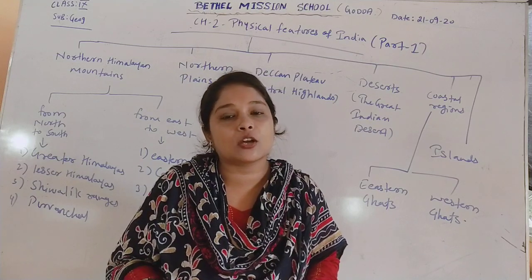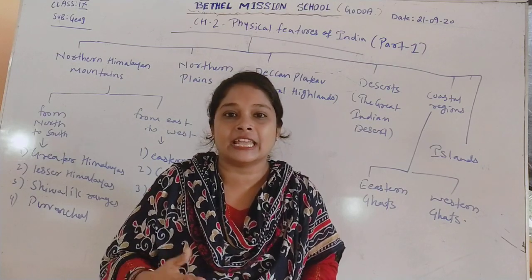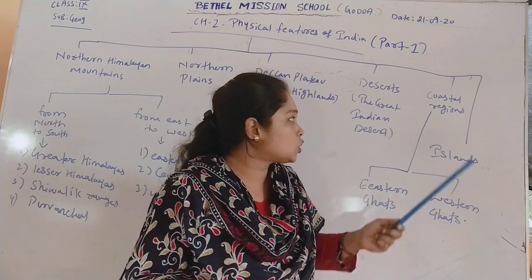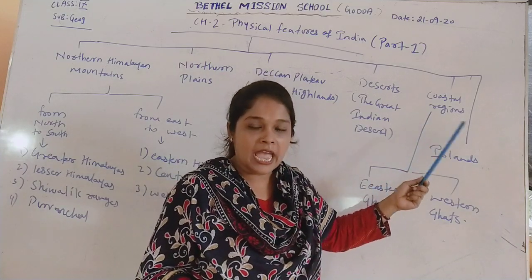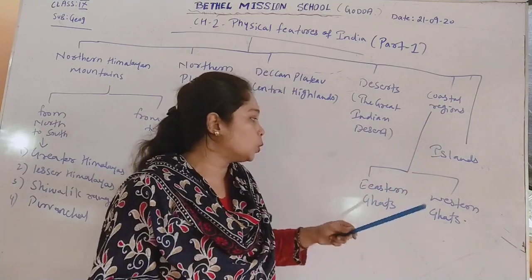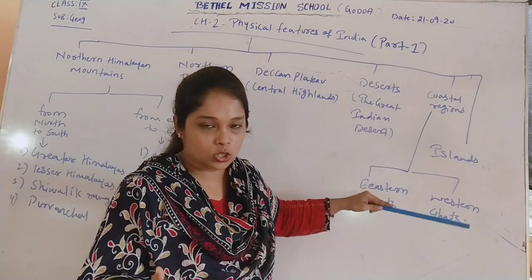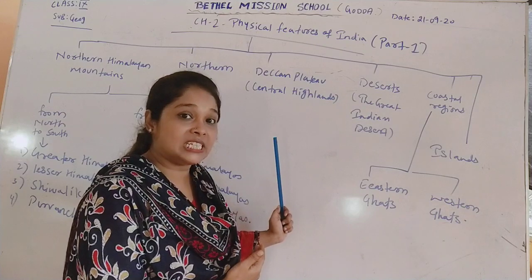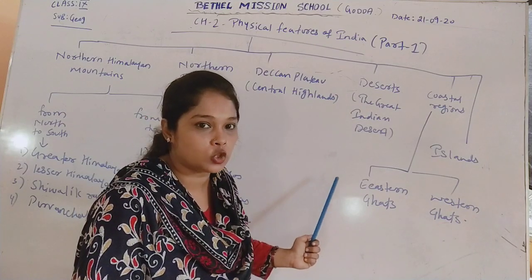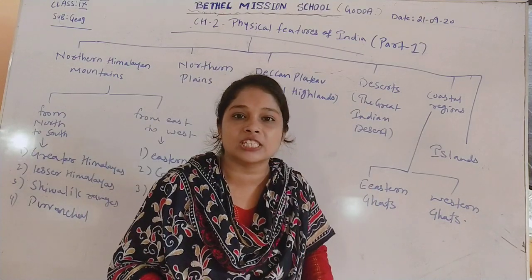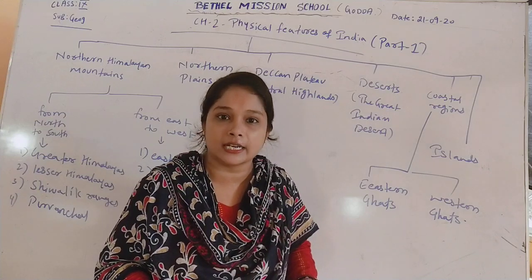So they create a coastal region in the eastern and western parts of India, which can be divided into two, that is Eastern Ghats and Western Ghats. They are also called the eastern coastal regions and western coastal regions.